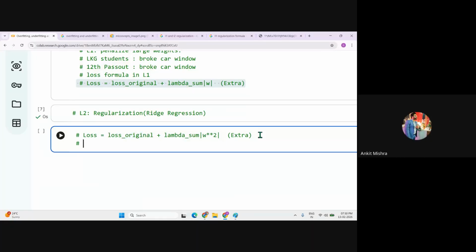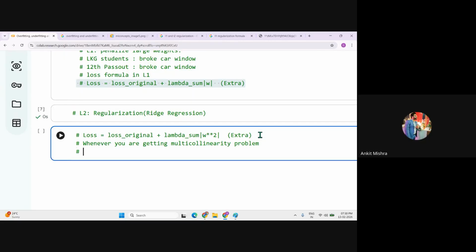So what we can conclude is this: whenever you are getting a multicollinearity problem, what is multicollinearity? It is where one feature is dependent on other features.